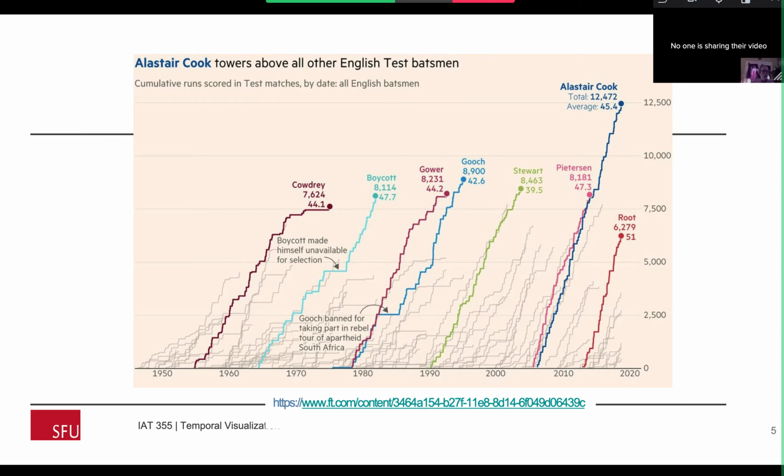I don't follow cricket, but a lot of the rest of the very strong batsmen over the preceding, say, 50 years, were very strong, but kind of had an upper limit, probably just due to career longevity. Perhaps Cook's career lasted longer, so that's why his curve exceeds the others.